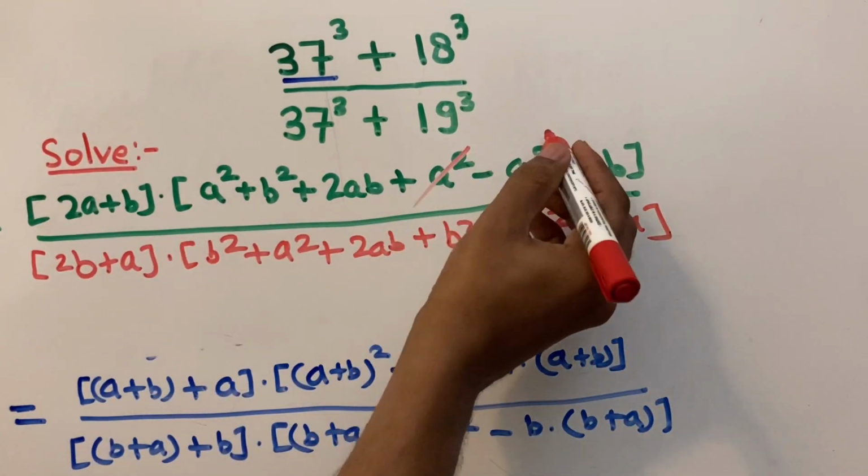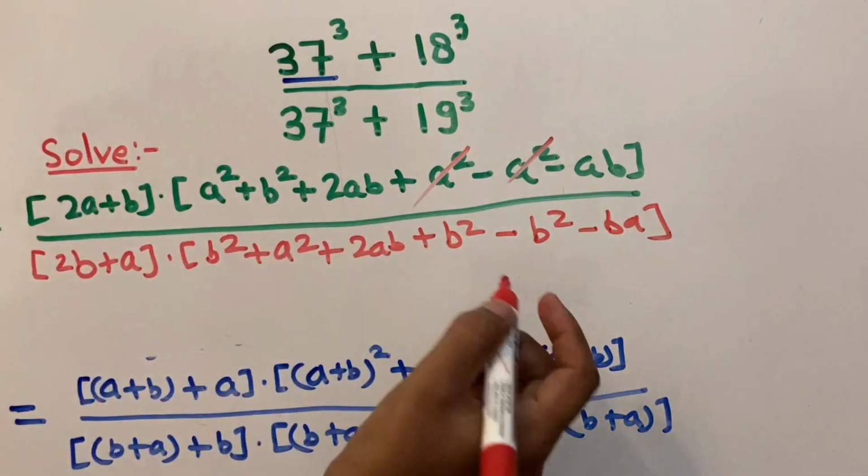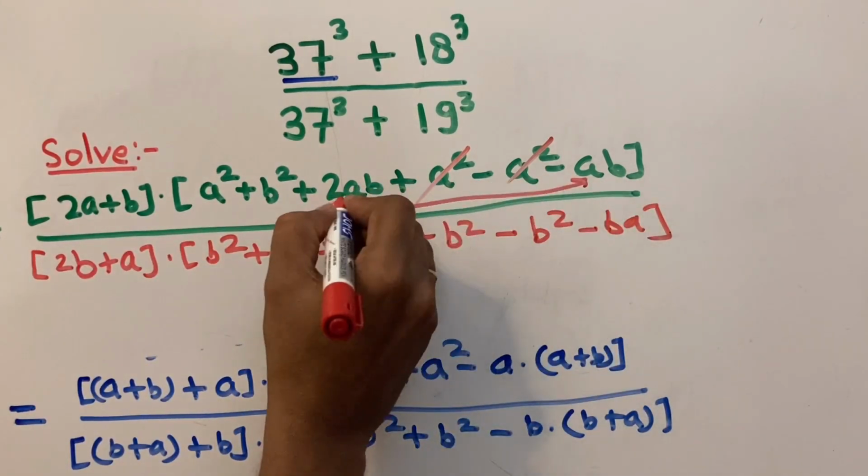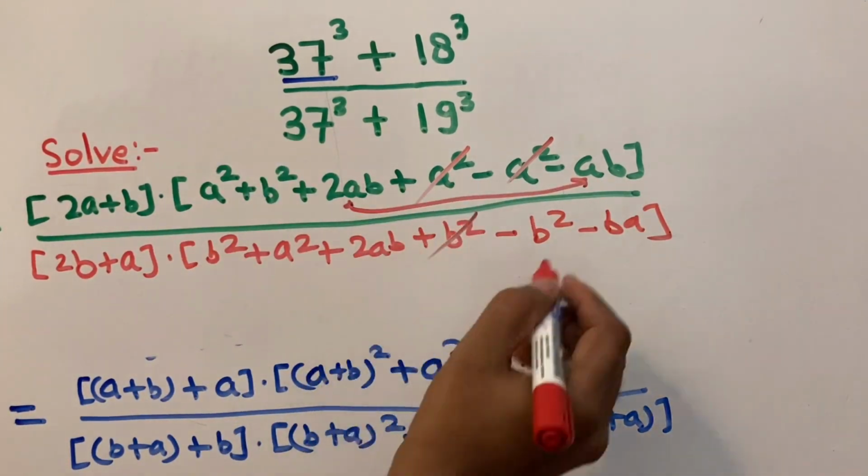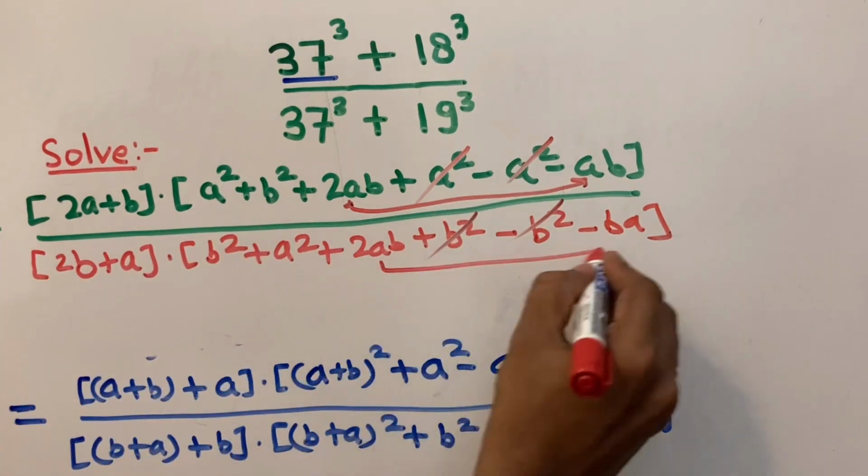From here a square cancels and ab minus ab is ab. Similarly b square minus b square cancels and ab minus ab.